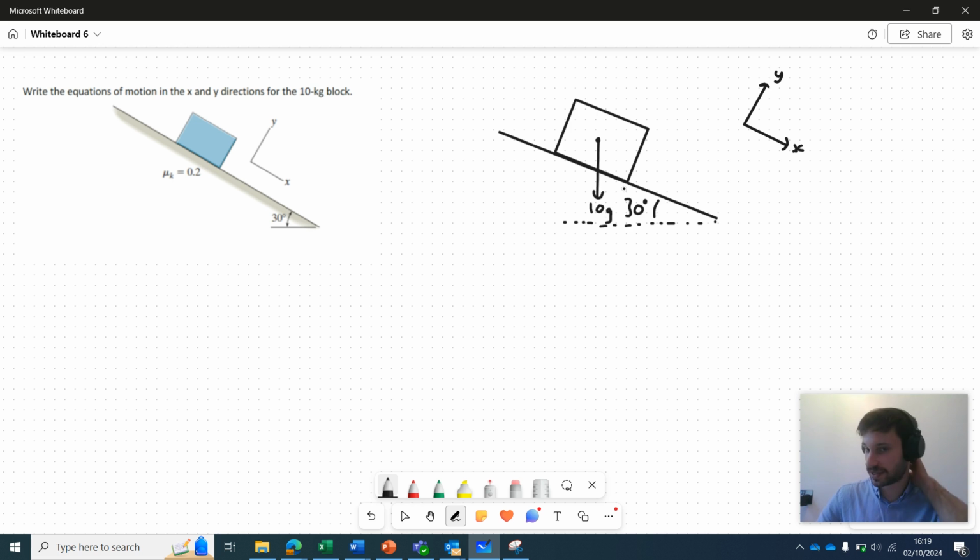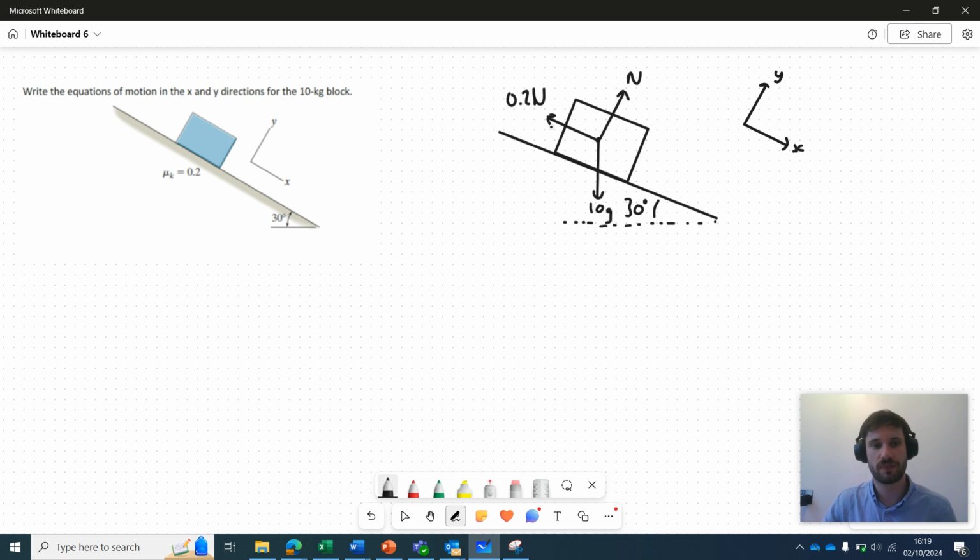We've got this 10 kg weight, or this 10g weight. We have this normal force with the surface, or the slope. Come on, Microsoft. There we go. And we've got this frictional force that is acting against the block as it slides down the slope.